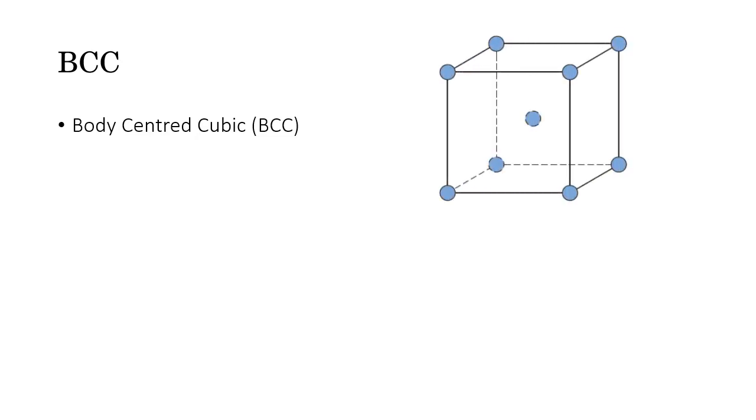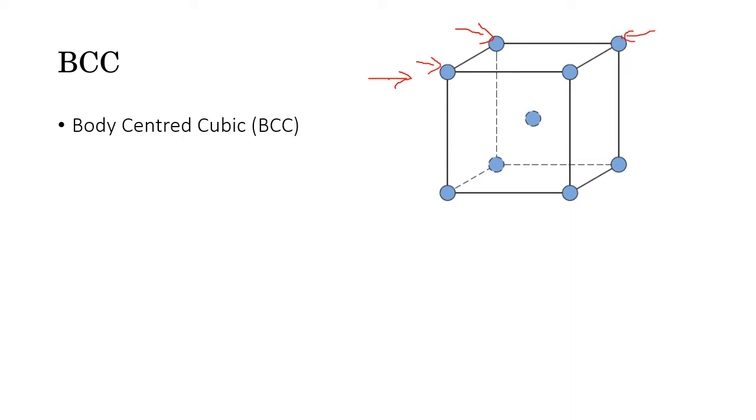Body-centered cubic crystal structure belongs to the family of cubic system in which all the edges of the unit cell are of same length and all the angles are right angles. So this is a unit cell of BCC crystal structure, and as you can see, at each corner of this unit cell there is an atom.